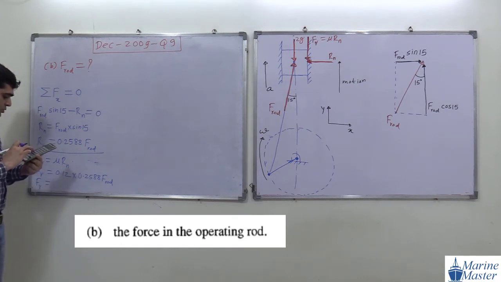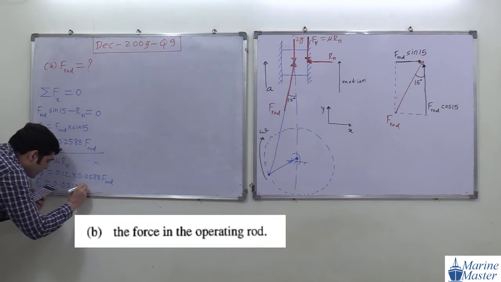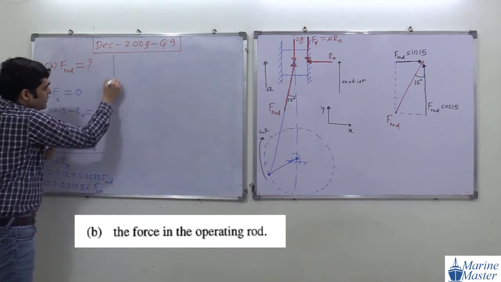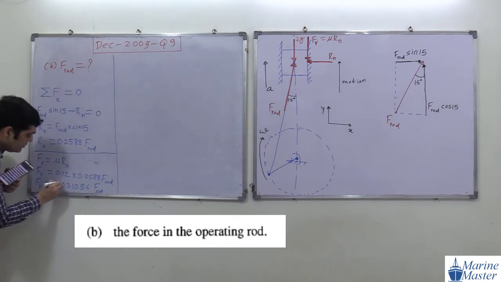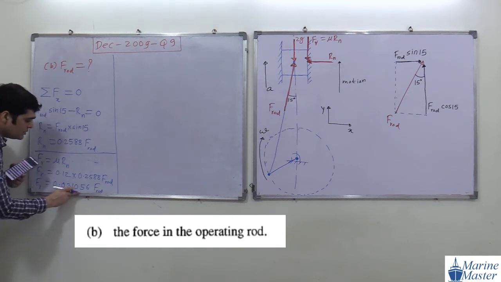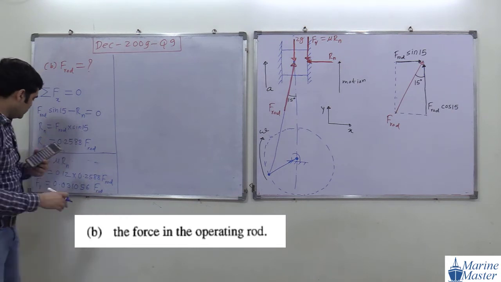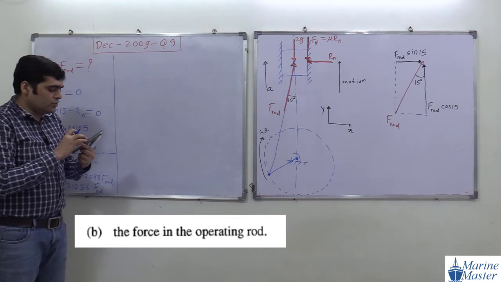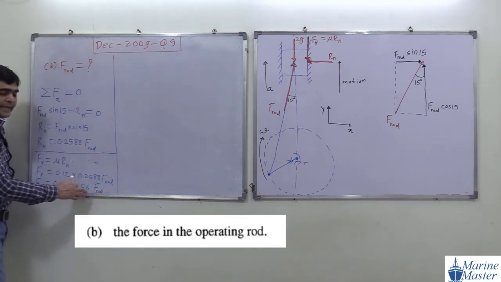It is 0.031056 F rod. Try to see the scenario here. So we got Fr, the friction force in terms of F rod.